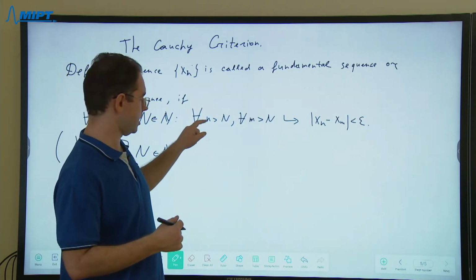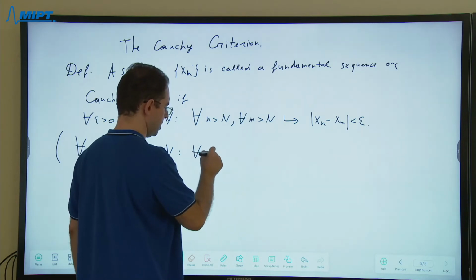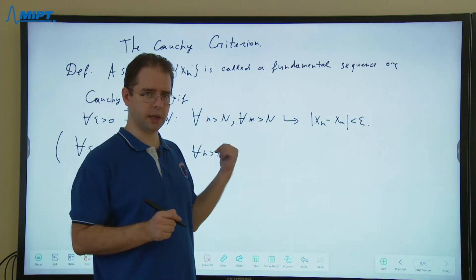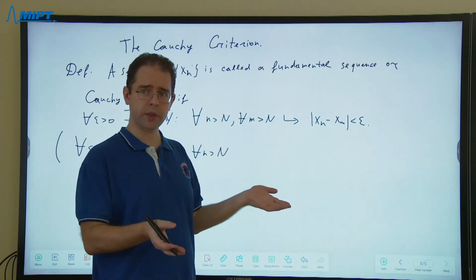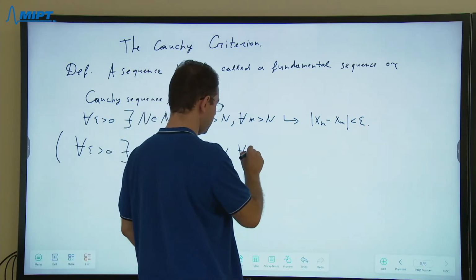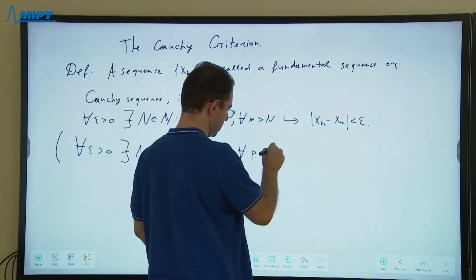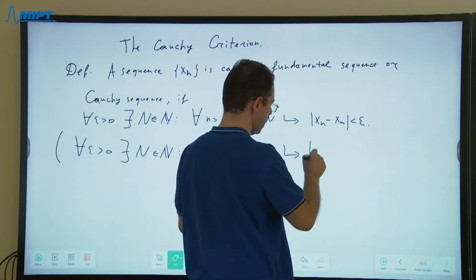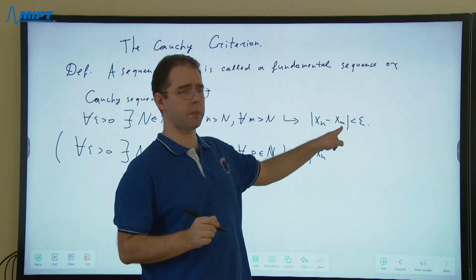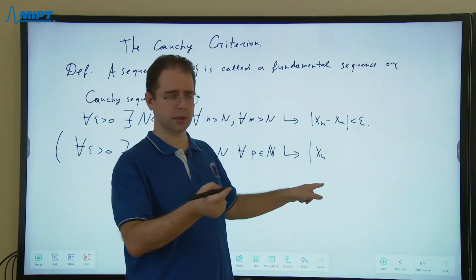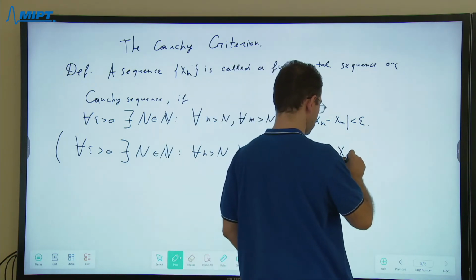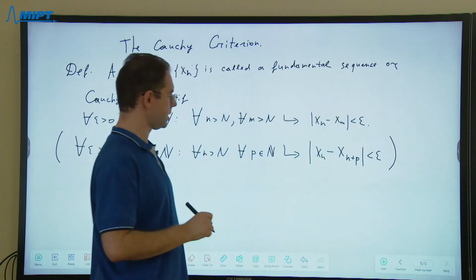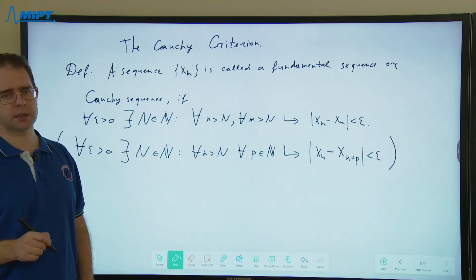I will write it down once again. Then capital N. And the difference between those numbers, that is m minus n, is a natural number that we will call p. And for any natural number p, it follows that the absolute value of xn minus xn plus p, since m is just n plus p, is less than epsilon. So this is just the same statement written a bit differently.